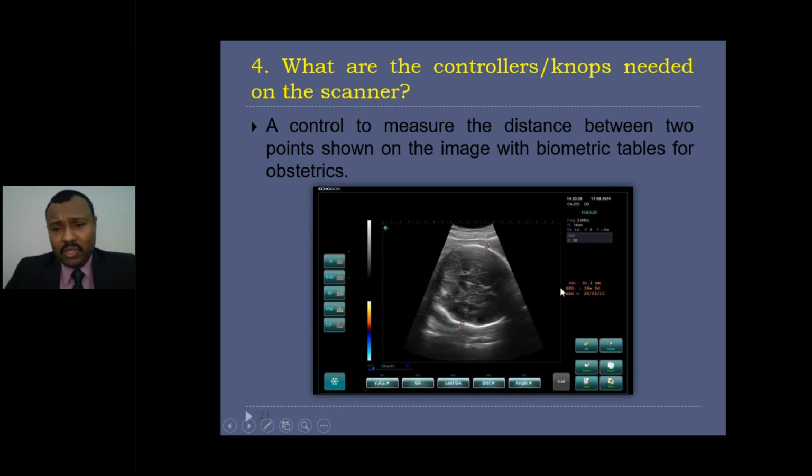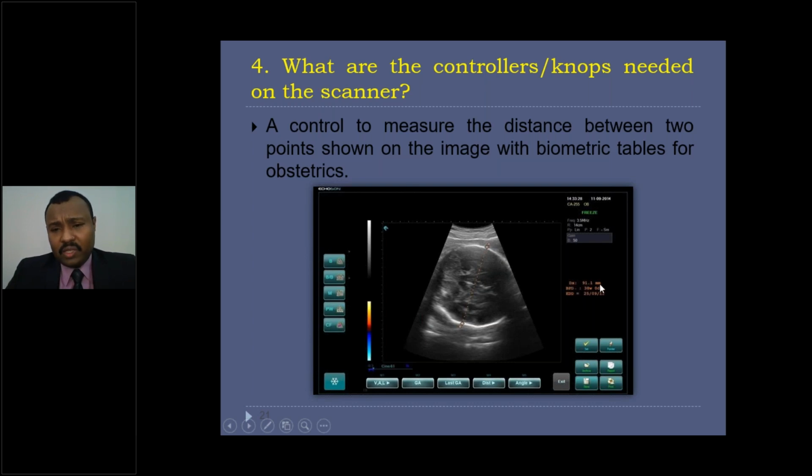And this is going to be analyzed by the CPU, or the central processing unit of the ultrasound scanner, to give you what is known as the BPD. The biparietal diameter is one of the most famous measurements used during obstetrical ultrasound for a pregnant lady, especially in the second and third trimester, to predict the expected date of delivery.